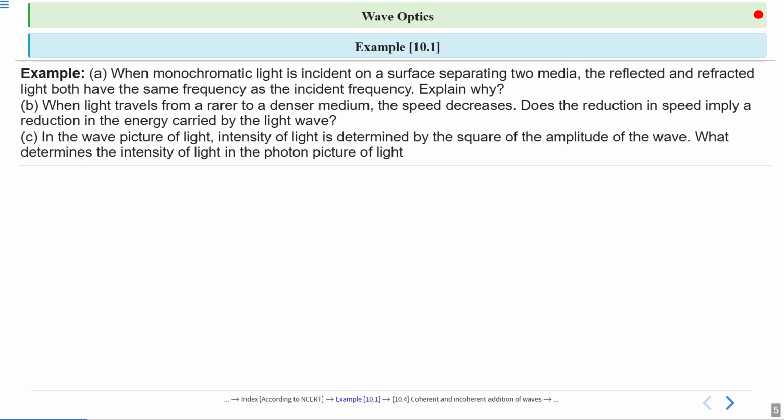Does the reduction in speed imply a reduction in the energy carried by the light wave? Will energy also be reduced while light is traveling from rarer to denser medium? Speed is decreasing. Will energy be decreased or not?